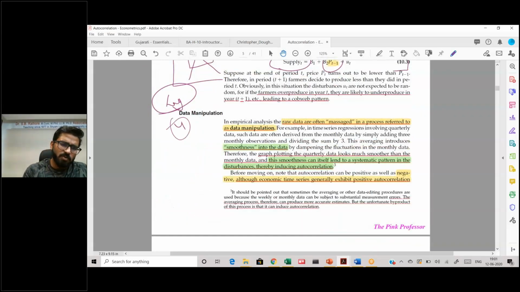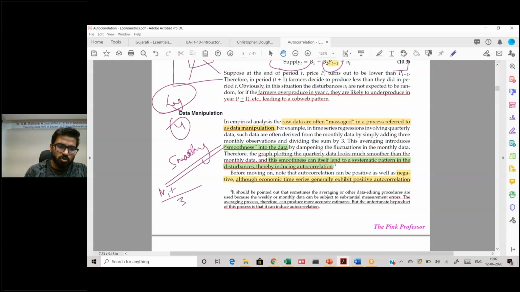And lastly, you have the issue of data manipulation, where you do smoothing of data. This is something that you will study at your master's level, especially at D school, where there is a course on forecasting. So you will understand what smoothing of data is, what moving averages are. What do you mean by smoothing data? Suppose you have monthly data with you, and instead of monthly data, you take the average of 3 months and divide it by 3.